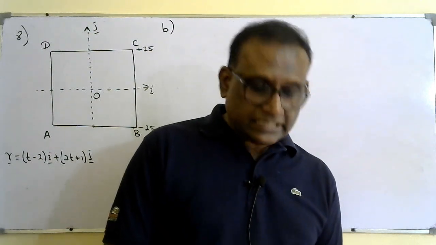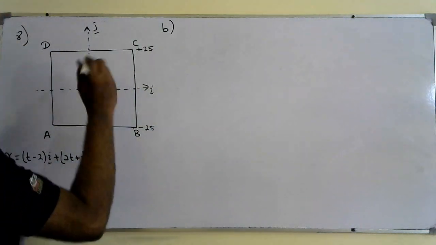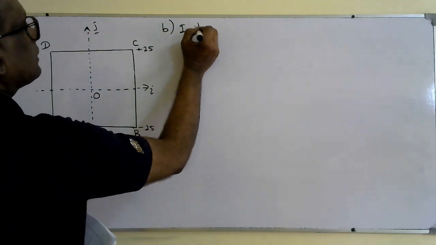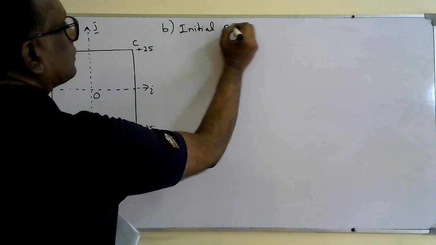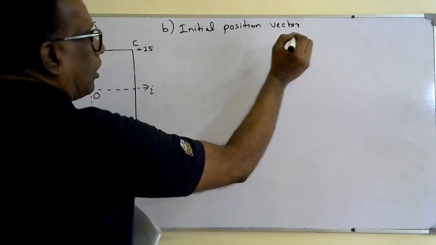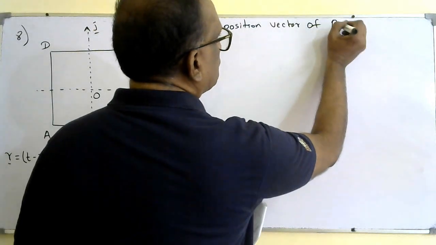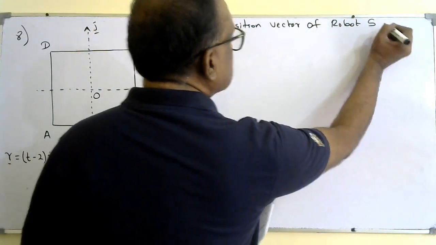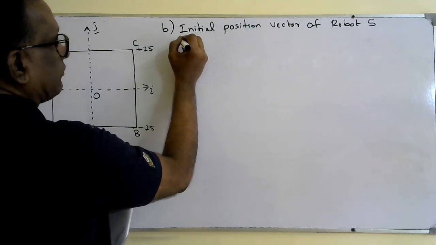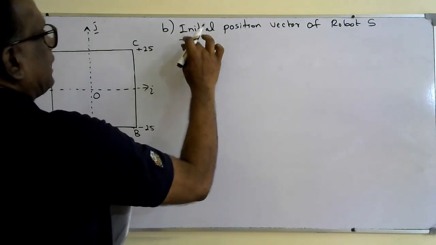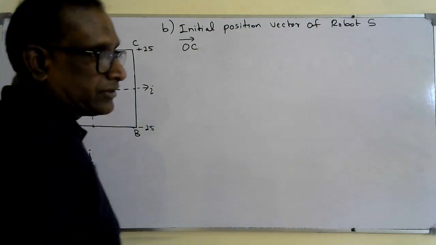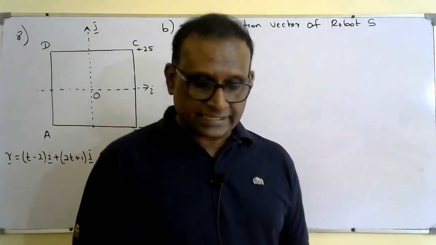So we know the initial position vector of the robot S. Let it be OS dash, initially it was at C, so we'll use OC, because it was at C.